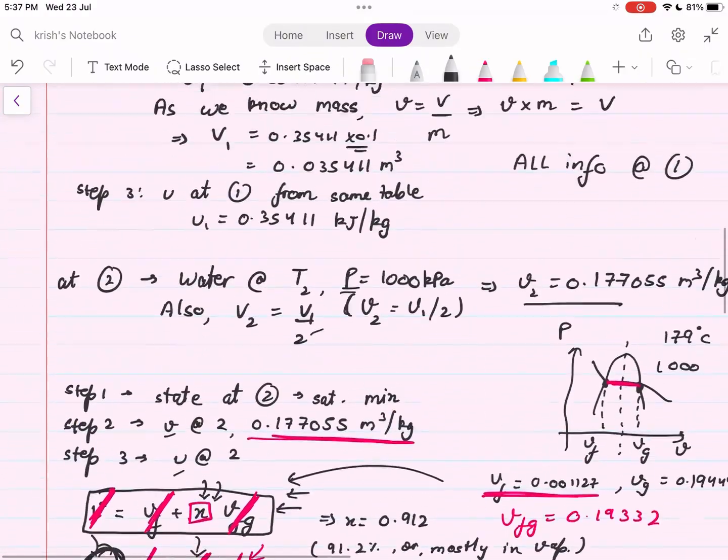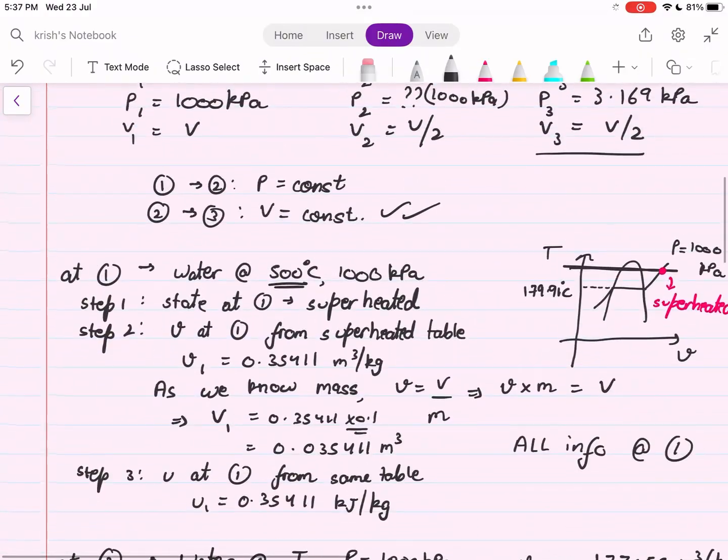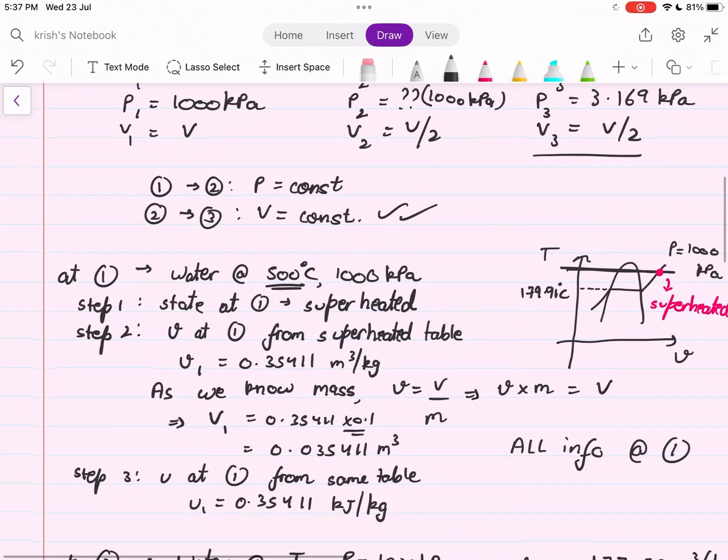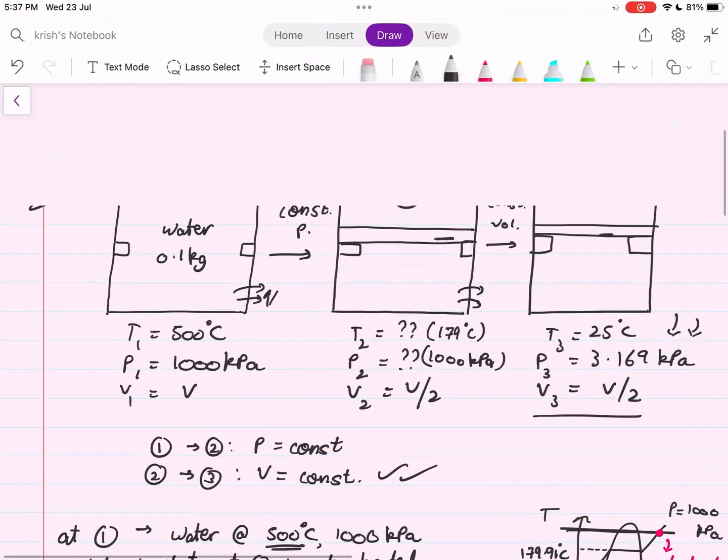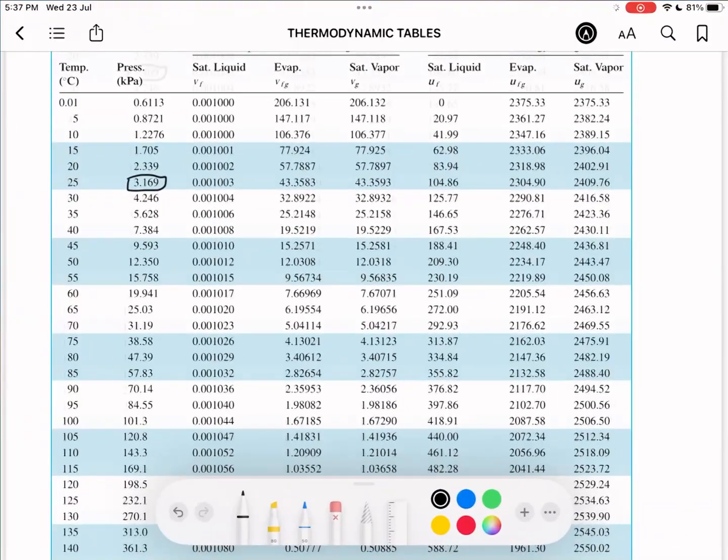I think we have read the value wrong from the table. As we were referring to the superheated table at 1000 kilopascals and 500 degrees Celsius, let's just do that again.